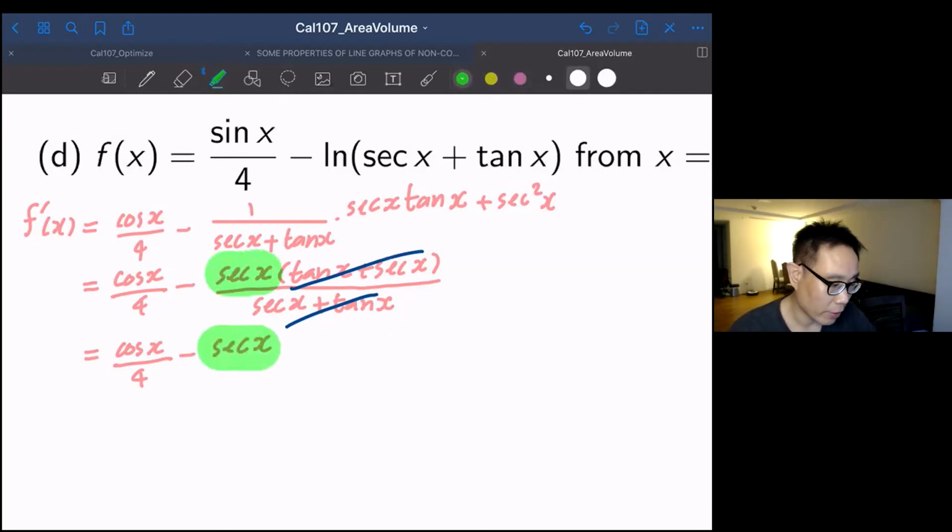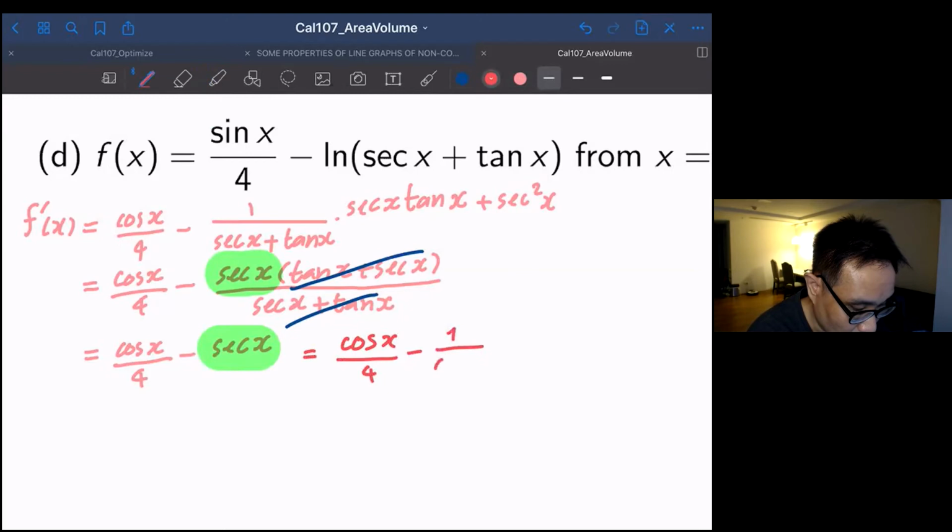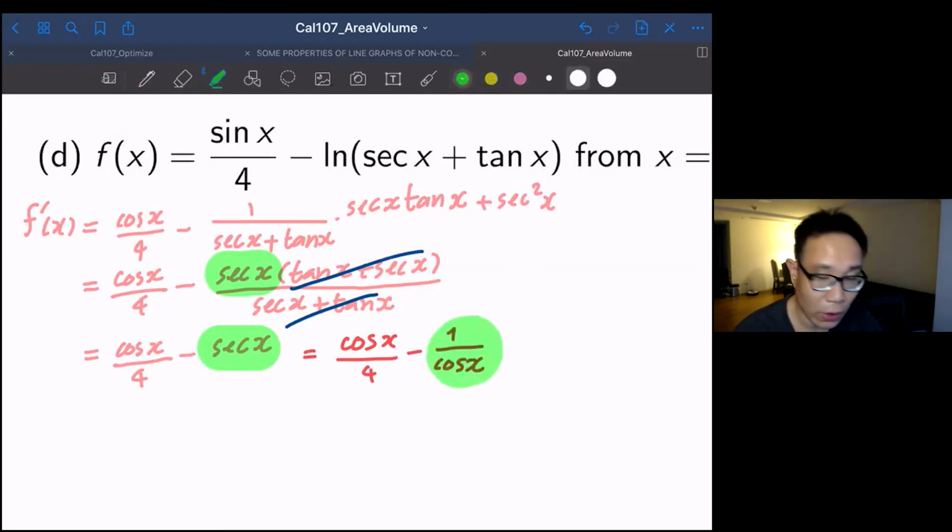So the thing I want you to notice is that this can be written as cos x over 4 minus 1 over cos x, since sec x is 1 over cos x.